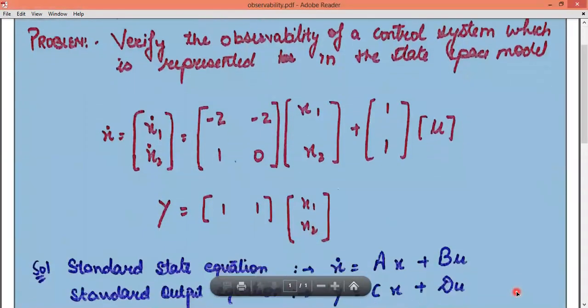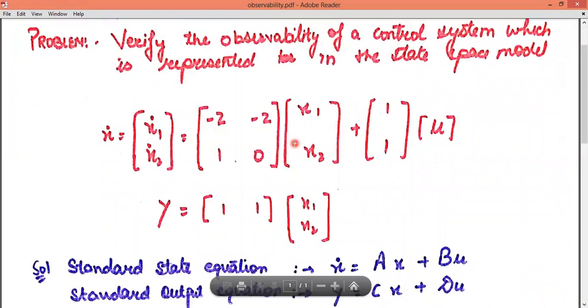We have to compare these two equations with the standard equations. This is given as the state equation, so we will compare it with the standard state equation, and this is the output equation, which we will compare to the standard output equation.